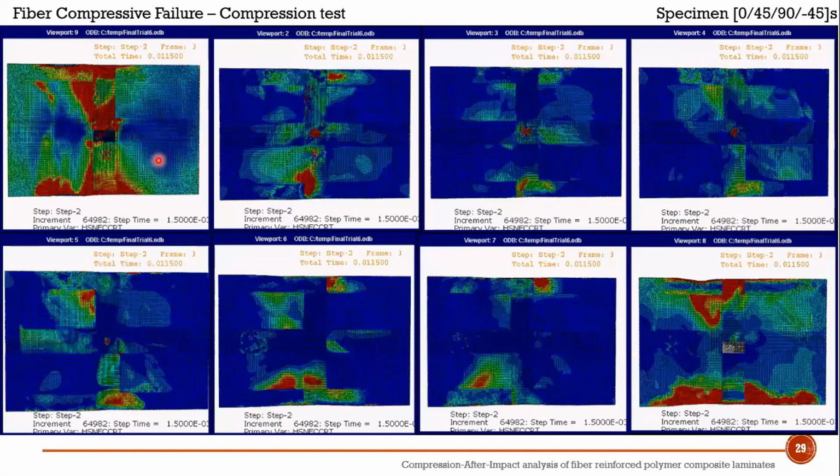Once we create impact damage on those laminates, their stability degrades further. So during compression, those laminates go under huge compression failure compared to the inside laminates.